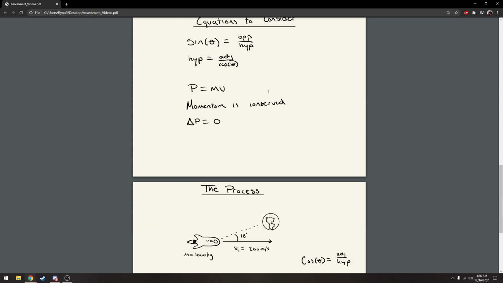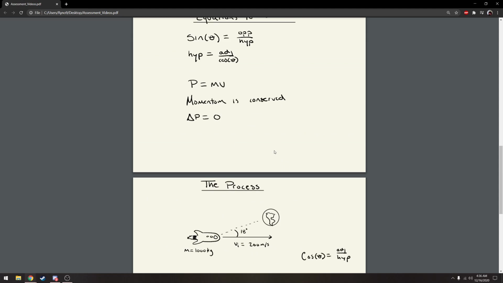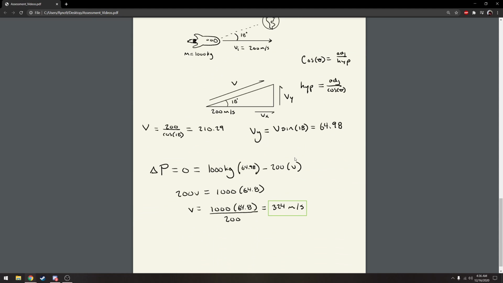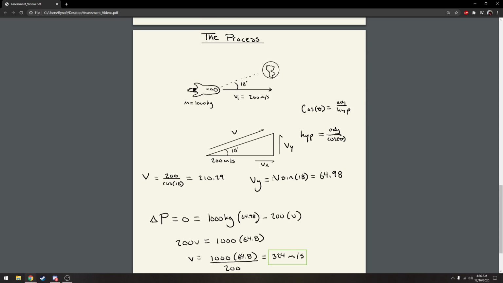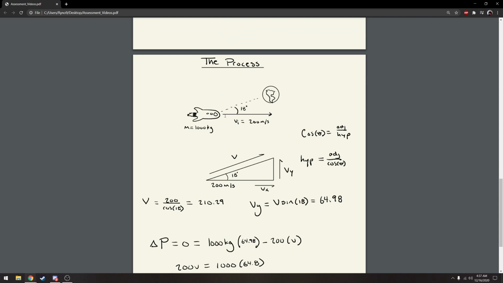We solve for opposite, I'm sorry, that is not adjacent, that's opposite. And we get this v vector that we found times the sine of 18, which is equal to 64.98. So that means that if this rocket is going to continue to travel 200 meters per second that way, it also needs to travel 64.98 meters per second towards the Earth, just straight up relative to the rocket, in order for it to attain its 18 degree angle.